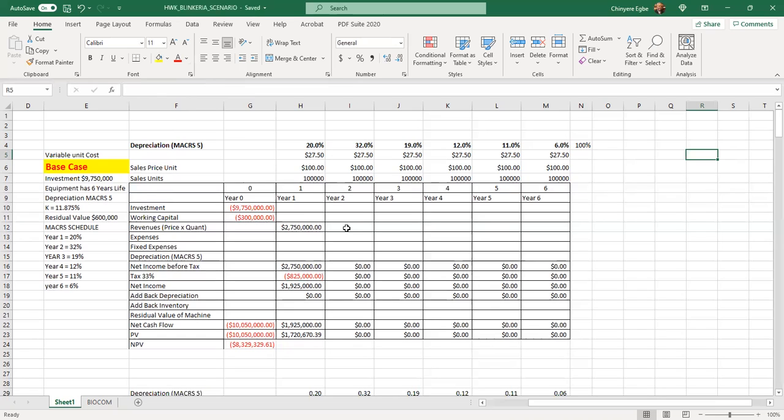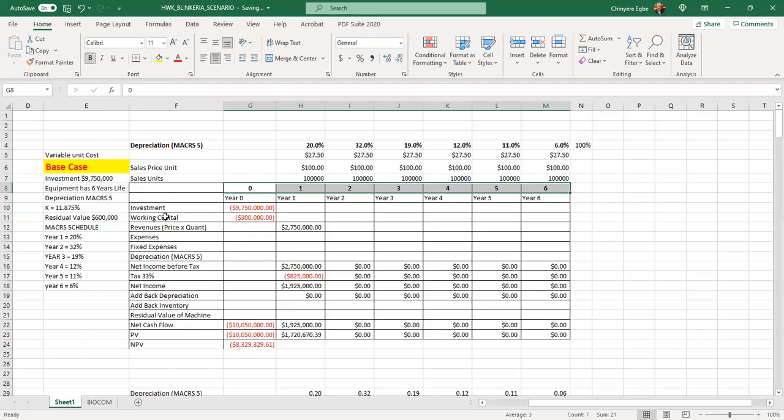Okay, these are the years. The 0 year is the investment year, and these other years are the years of the project. It could have been a 7 or 8 or 9 year project on MACRS 5. That's not a critical point at this point.